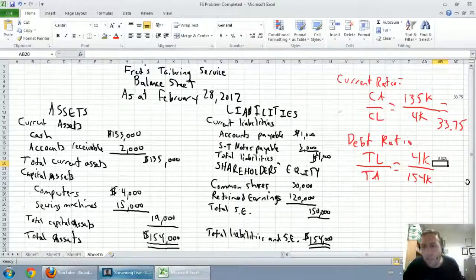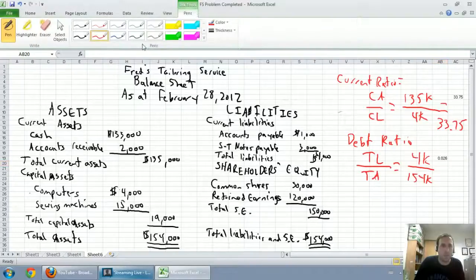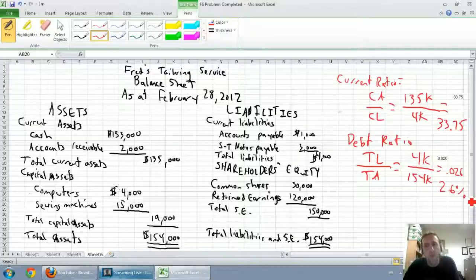It's 0.026. So let me just grab the pen. Equals 0.026, or 2.6%. So what this tells us is the percentage of the company that's owned by our creditors. So if I were to take all of my assets and pay off all of my liabilities, it would take 2.6% of my assets to pay my liabilities.